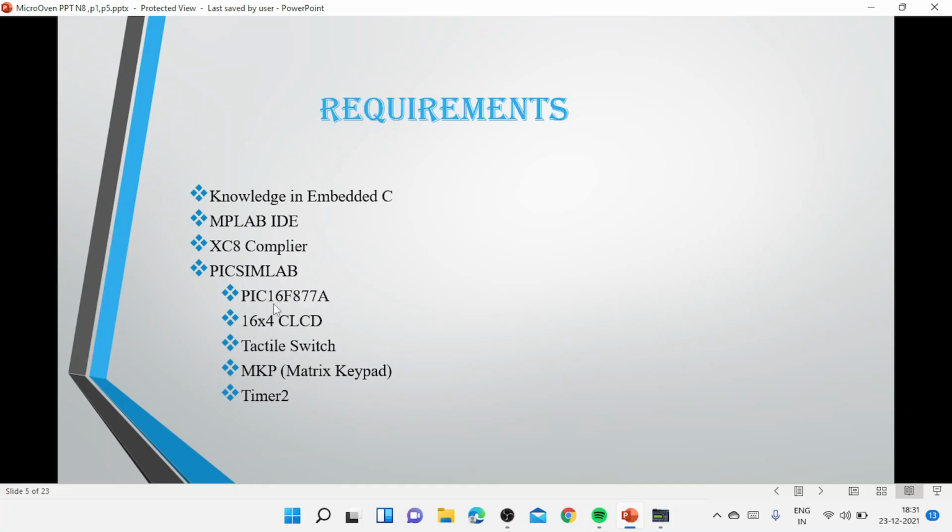PIC16F877A is the microcontroller of our project, and we are using a 16x4 CLCD in this project, and tactile switches. Tactile switches arranged in row and column manner form the matrix keypad, that is MKP, and a timer. Coming to the timer, we are using Timer 2 in this project.